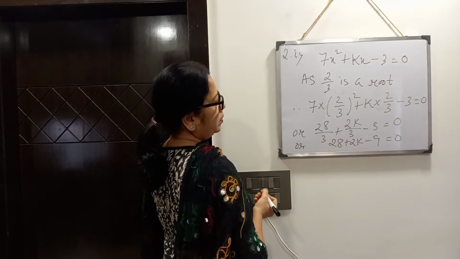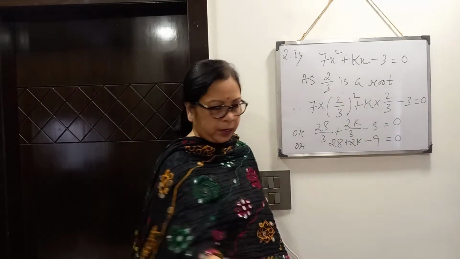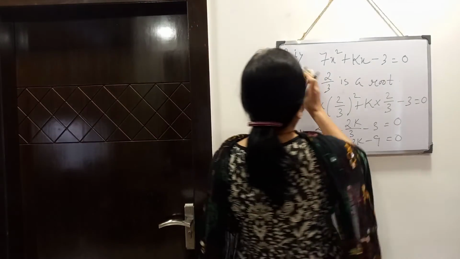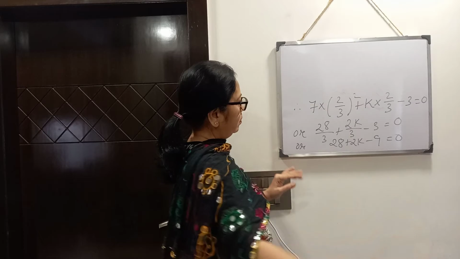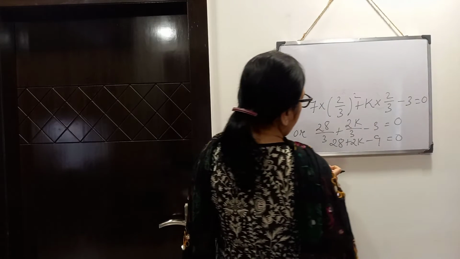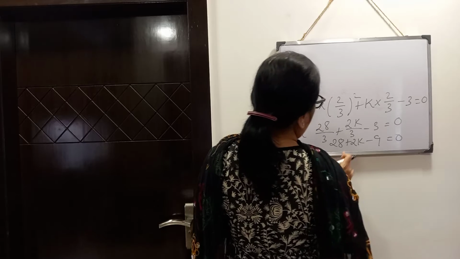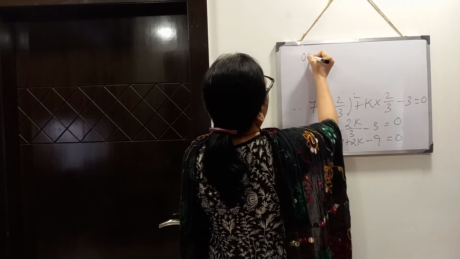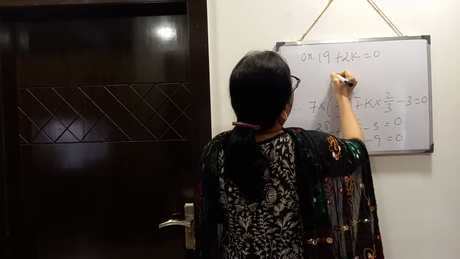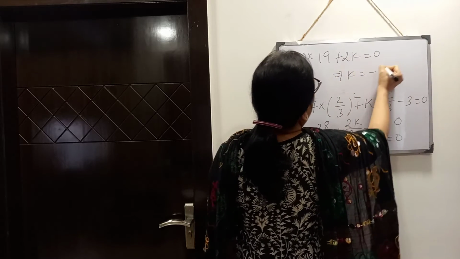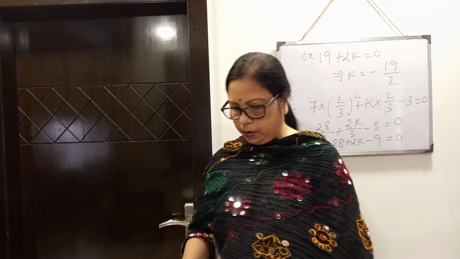After cross multiplication it will become 0. So 28 minus 9, 19 plus 2k equal to 0. K is coming minus 19 by 2. Clear?